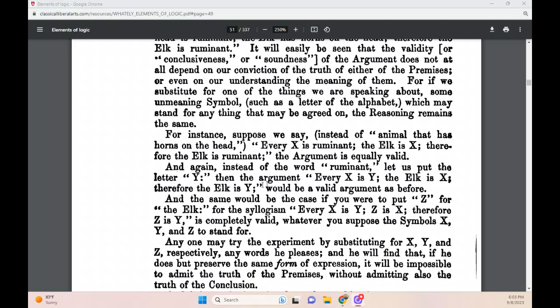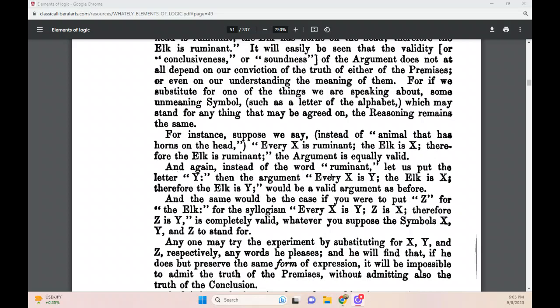Again, instead of the word ruminant, let us put the letter Y. Then the argument would be: every X is Y, the elk is X, therefore the elk is Y. Notice we're getting into a form like we're studying algebra.